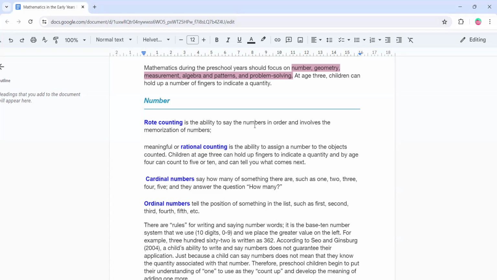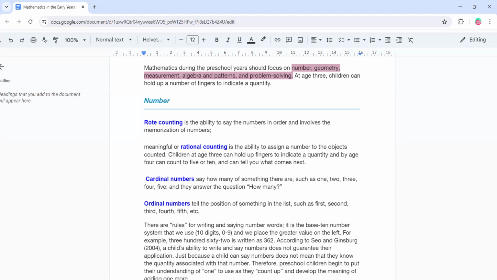A cardinal number says how many of something there are, such as 1, 2, 3, 4, 5, and they answer the question, how many? If we ask a question like how many apples are there, they give an answer like 1, 2, 3, 4, 5. That comes under the category of cardinal numbers.